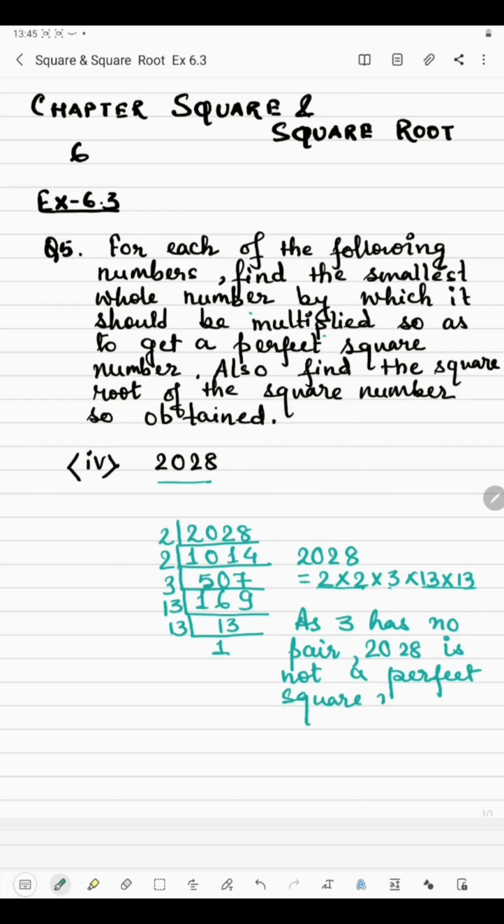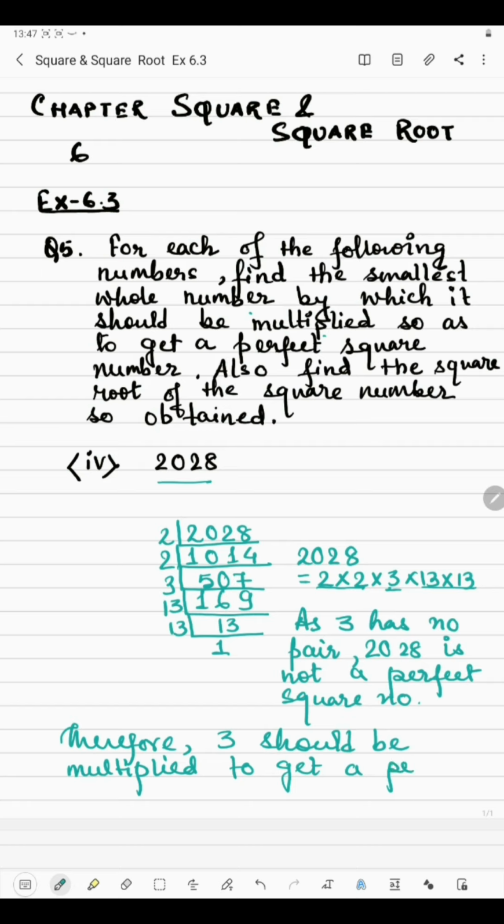So that means we will have to take 3 to multiply this. Therefore, 3 should be multiplied to get a perfect square number.